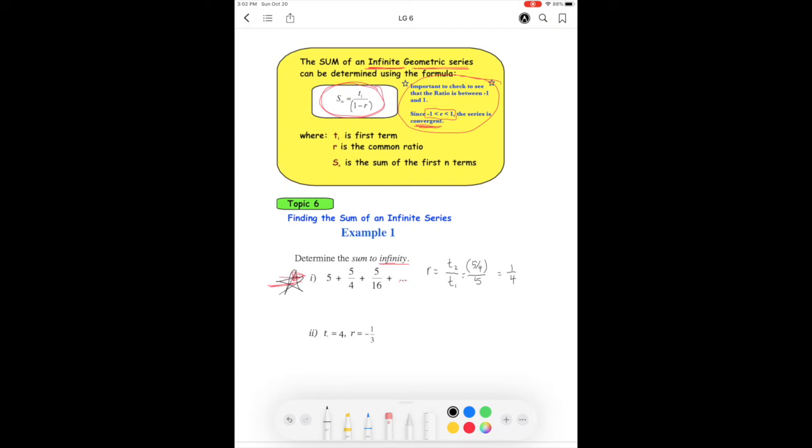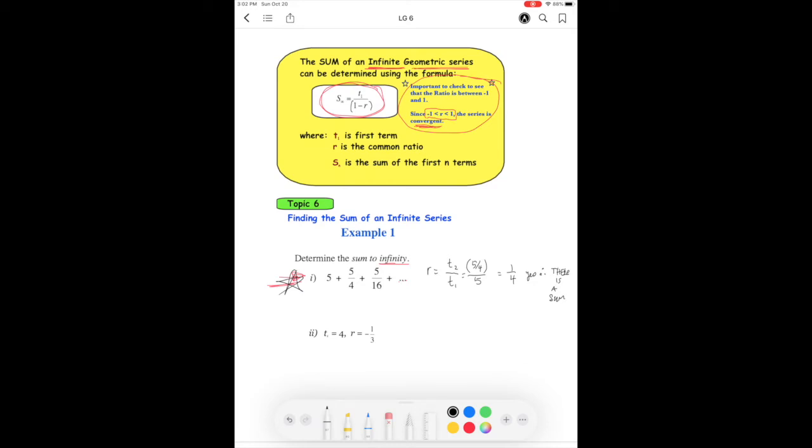All right. So is 1/4 between -1 and 1? And so we say yes, it is between that. So therefore, there is a sum.